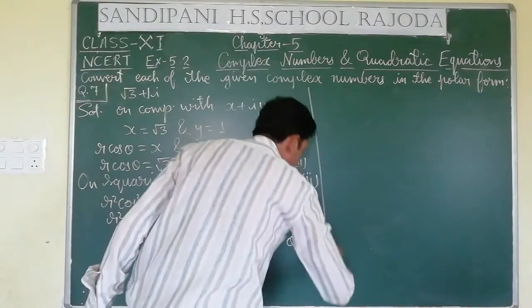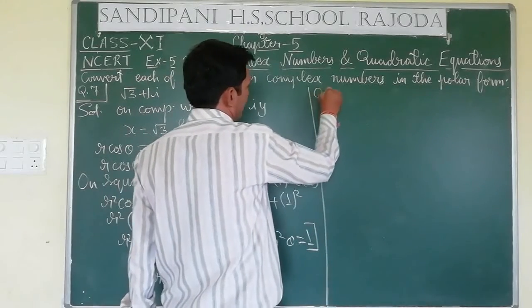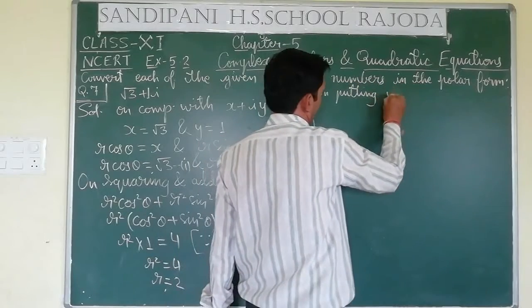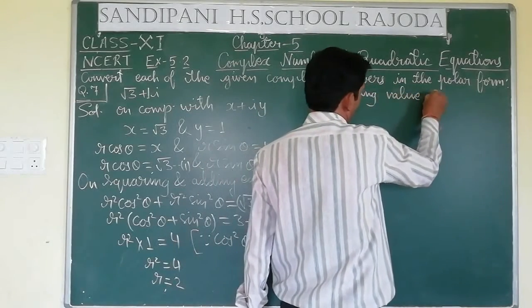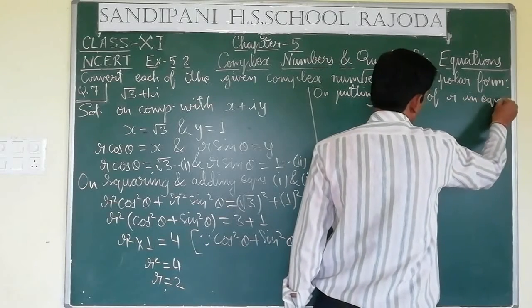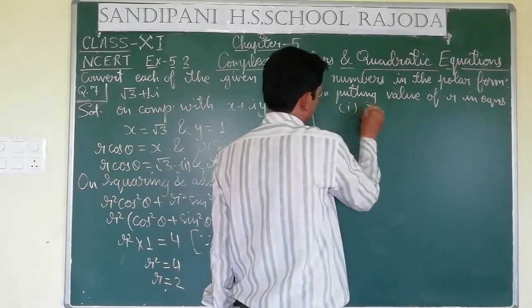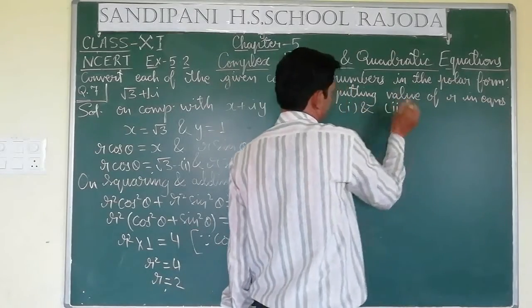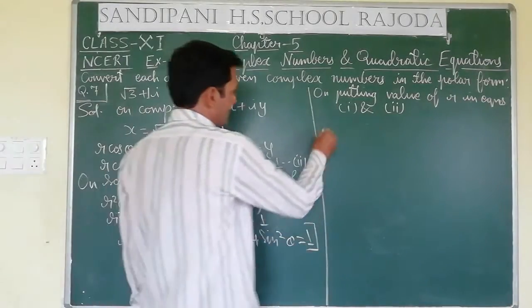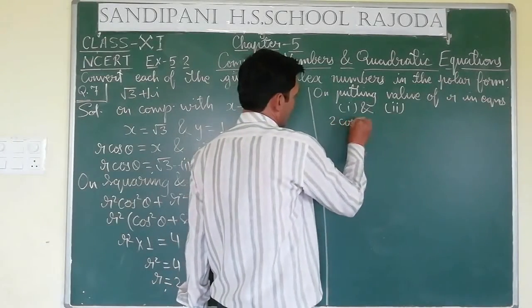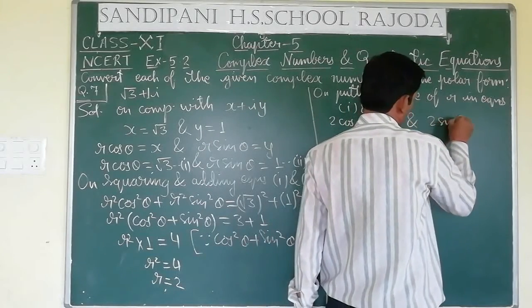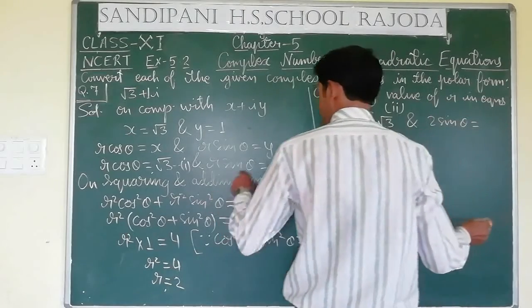Now on putting value of r in equations 1 and 2, what will it become? 2 cos theta is equal to root 3 and 2 sin theta is equal to 1.